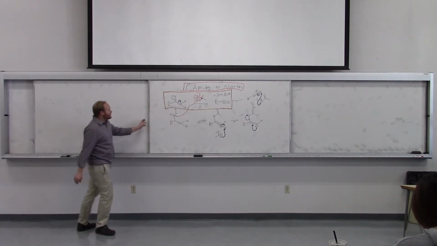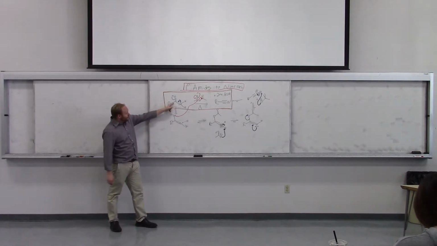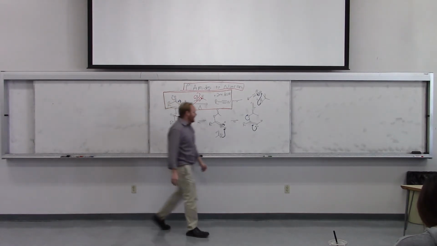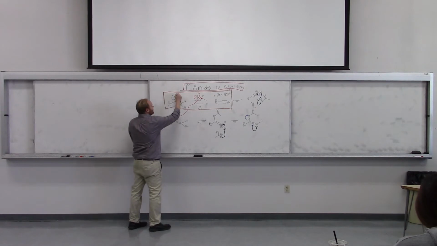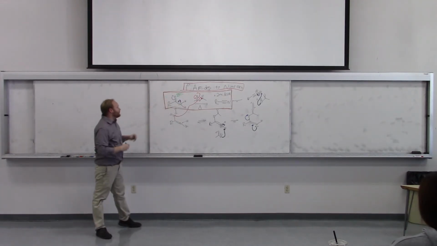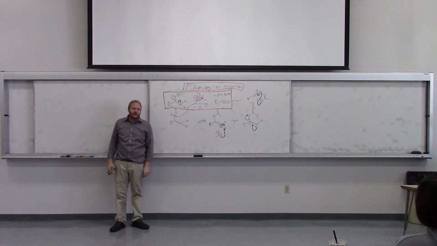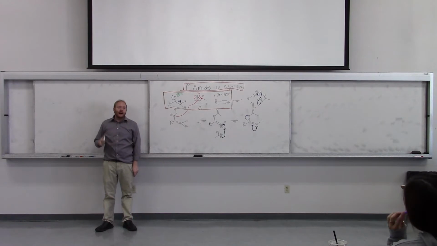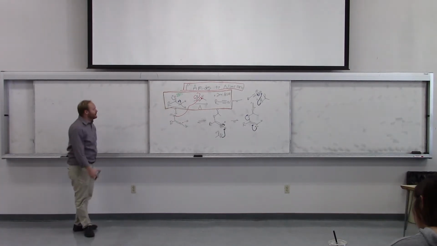The mechanism is basically, first you want to draw both resonance structures of your amide. Drawing both resonance structures of an amide shows you that there's a fair bit of partial negative charge on your amide oxygen. So an amide oxygen is a nucleophilic oxygen. It's a surprisingly nucleophilic sp2 oxygen.